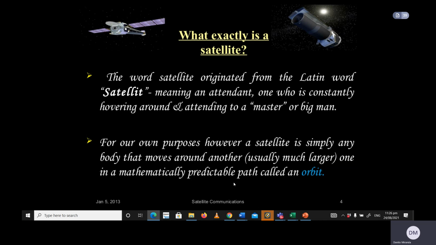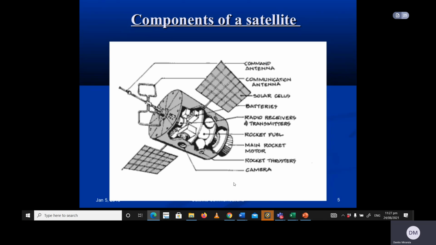For our own purposes, however, a satellite is a body that moves around another, usually much larger, and follows a mathematically predictable path called an orbit.